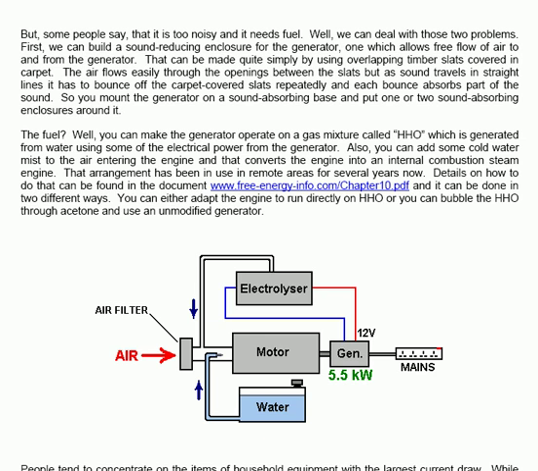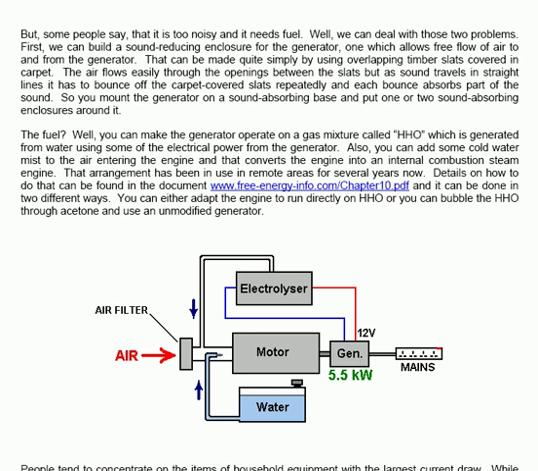That arrangement has been in use in remote areas for several years now. Details on how to do that can be found in the document via that link there, which is chapter 10 of the ebook on the Free Energy Info site.